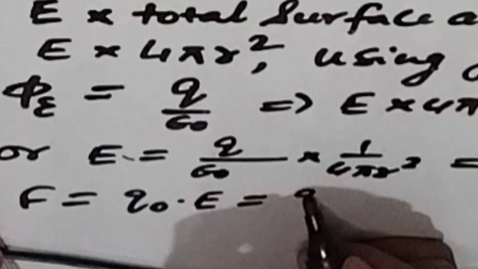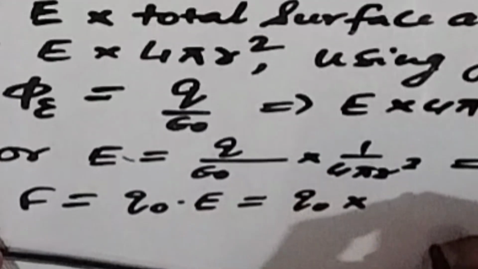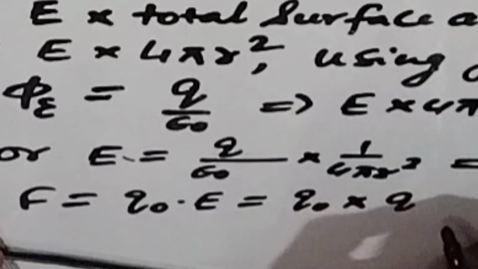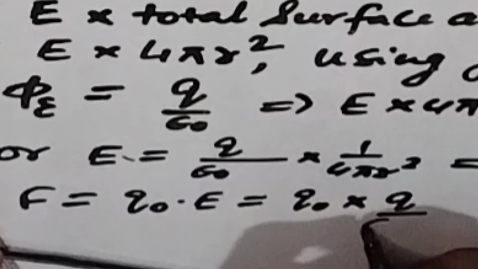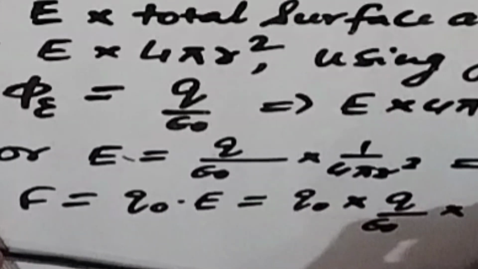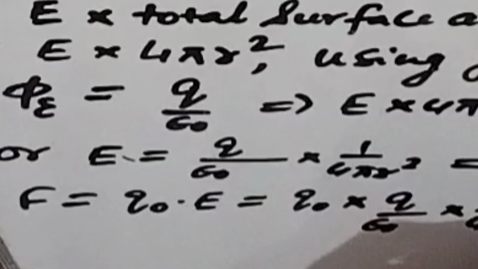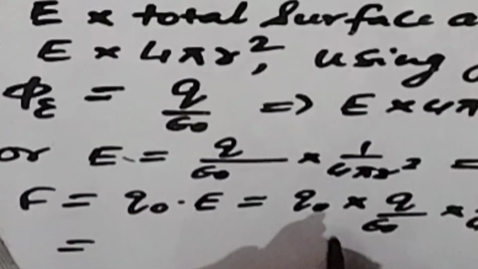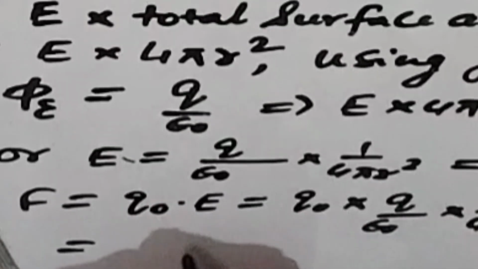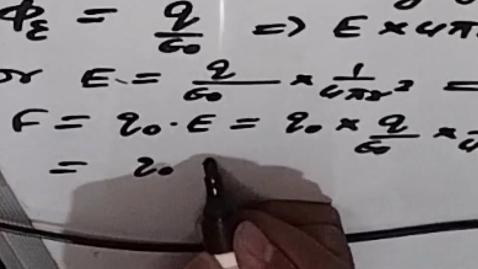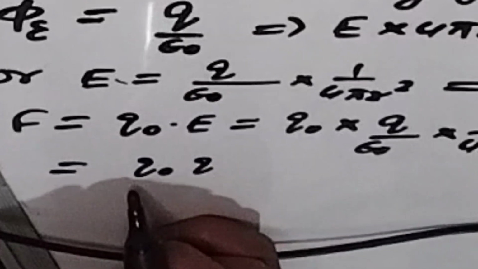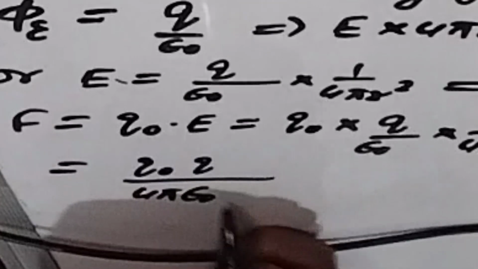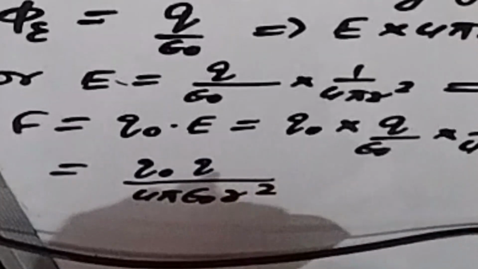So we can write q0 into q upon epsilon naught into 1 upon 4 pi r square. This means q0 into q upon 4 pi epsilon naught r square.